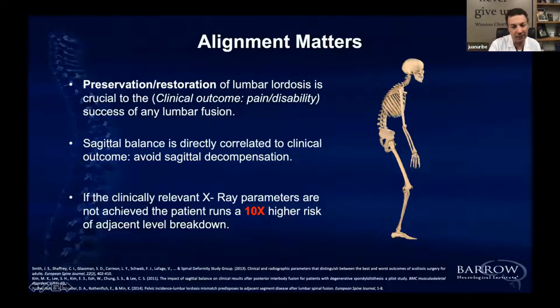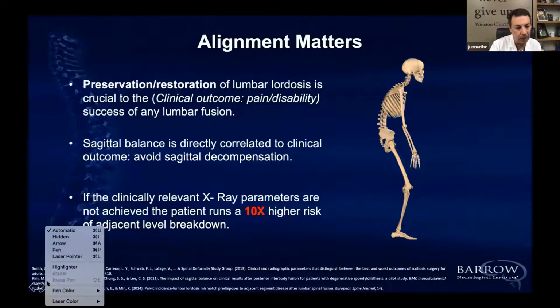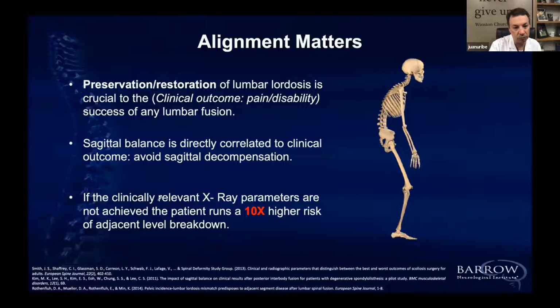And this is actually a very interesting number. If you're not able to check all the spine, your lumbar lordosis doesn't match with the pelvic incidence, it's 10 times more incidence to have adjacent level disease in this group of patients. So this is a big deal.